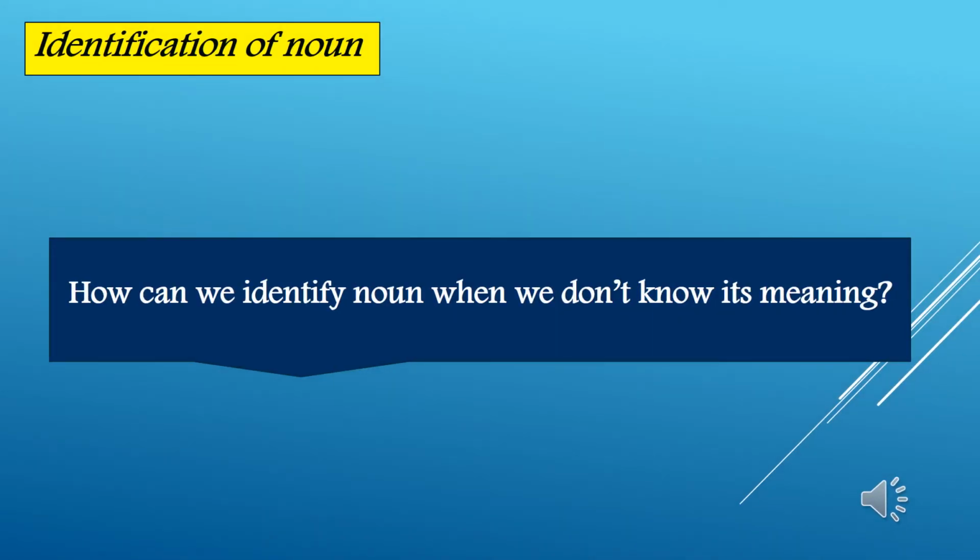So you can identify nouns from their meanings. But how can we identify noun when we don't know its meaning? Yes, there are also some tricks to identify nouns without knowing their meanings. Let's see what they are.